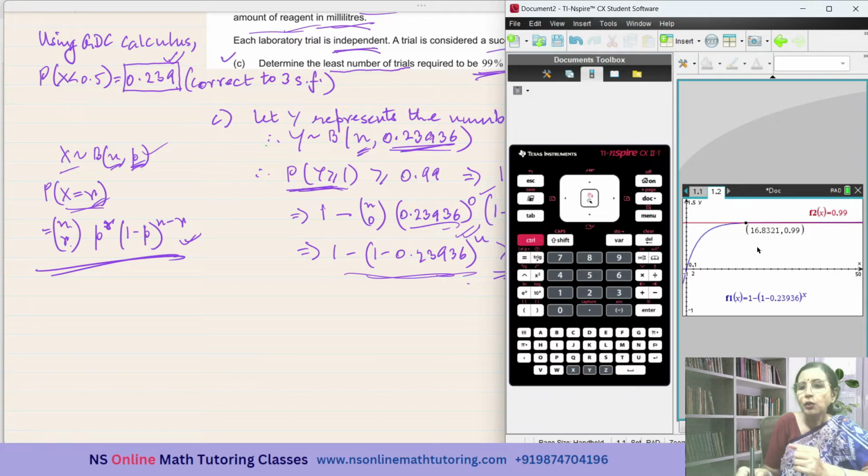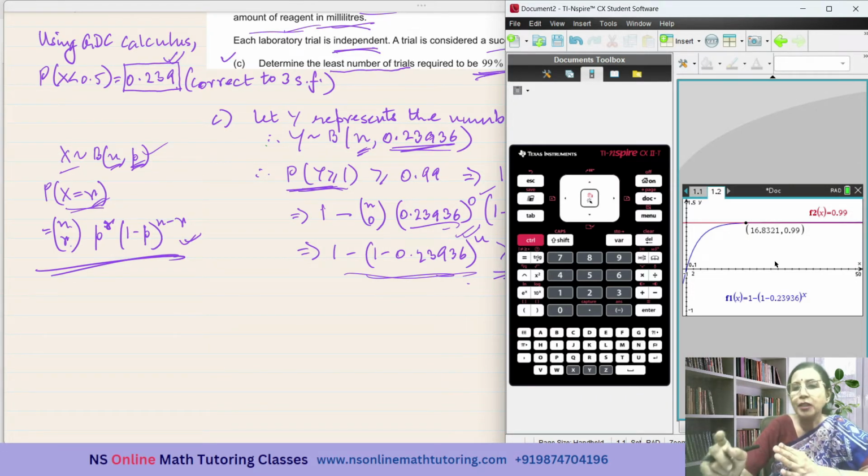And where are they intersecting? Over here. So when x equals 16.8321, and of course the y value has to be 0.99, these two graphs are intersecting, and after this x value, the blue colored graph is going above the red colored horizontal line. So we will be taking this value of x, 16.8321, as the n value, and we have to take all the x values which are more than that, because when x equals 16.8321 they are just meeting, at the same place.